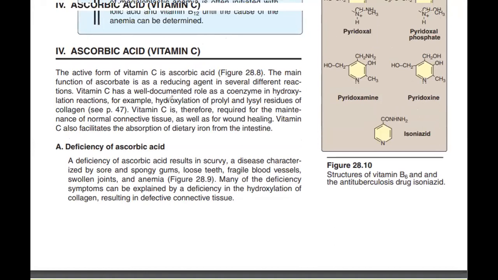It is a reducing agent, because it converts Fe3+ into Fe2+. It serves as a coenzyme in hydroxylation reactions, the hydroxylation of prolyl and lysyl residues, proline and lysine residues of collagen, okay, and I've shown you in your First Aid.